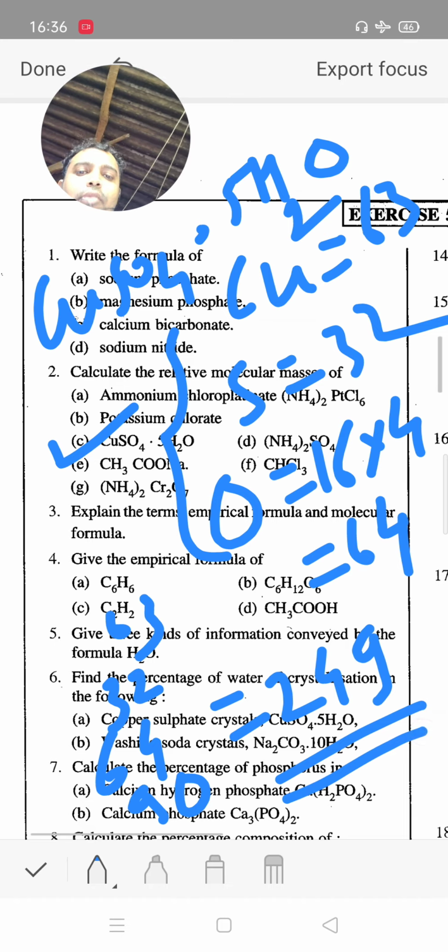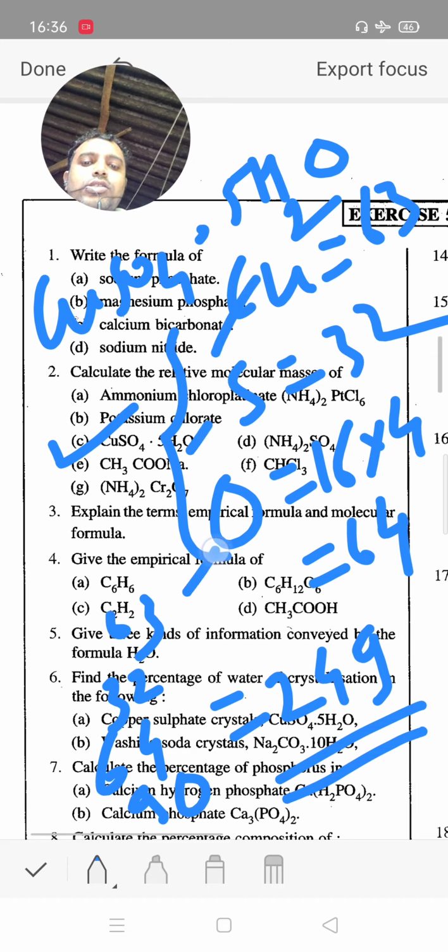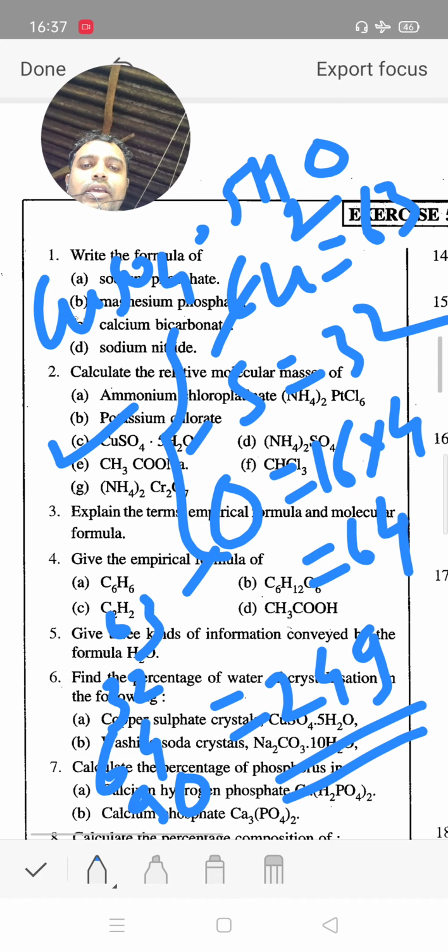It is the molecular weight of CuSO4.5H2O. Copper 63, sulfur 32, oxygen 4 times 16 is 64, and water 5 times 18 is 90. Adding all this we get 249, the molecular weight of copper sulfate pentahydrate.